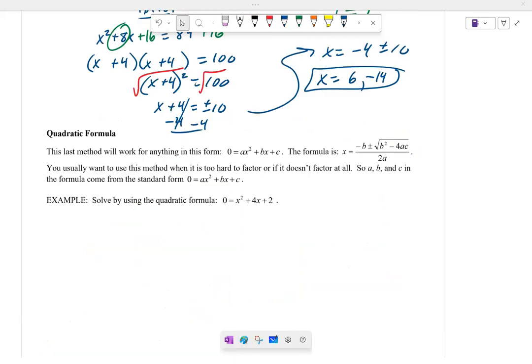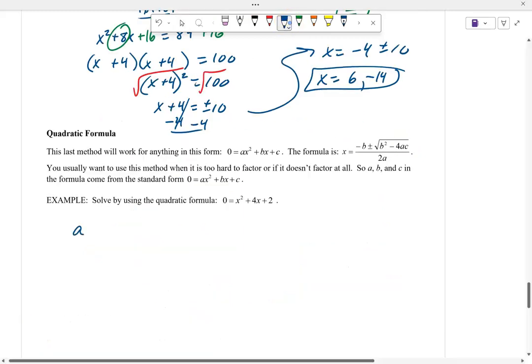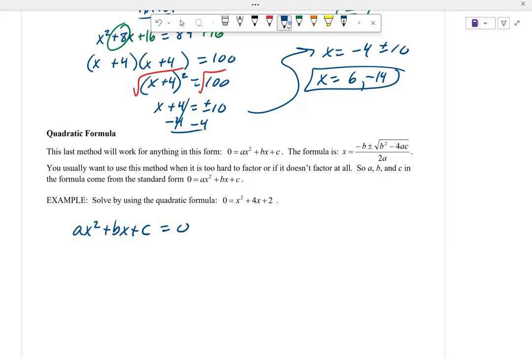Before we get into the quadratic formula, just to let you know where this comes from, if you have ax squared plus bx plus c, with a, b, and c being real numbers, I'm going to find the formula that would solve that for any a, b, and c, right? If I completed the square on this, I would have ax squared plus bx equals negative c. I would take an a out.